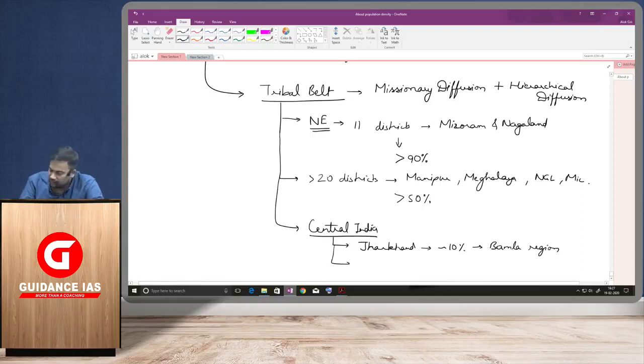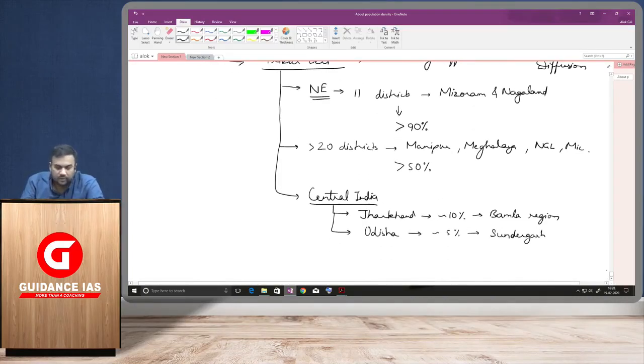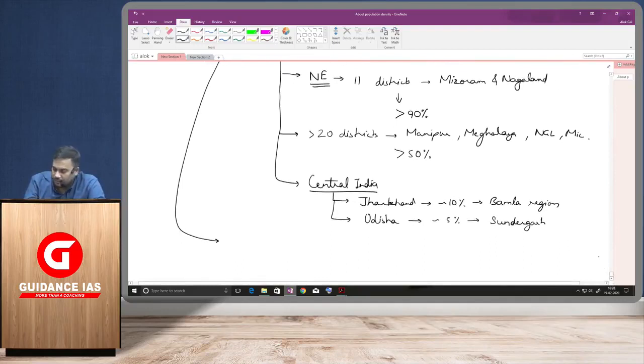In Odisha, the highest concentration of about 5% was found in Sundargarh district. So this is another area where you will find that penetration of Christianity has taken place. And the last type of area where Christianity has some concentration is the refuge zones.